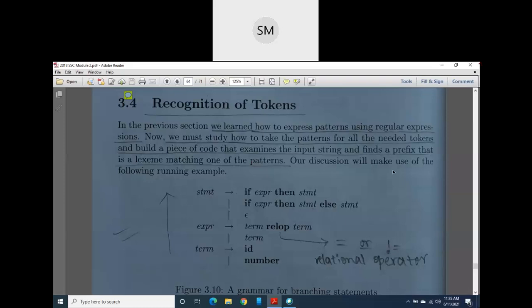Regular expressions and regular definitions you already understood. Now we are going to see how to select these patterns for our required tokens, for example how you select the pattern for an identifier, and for keywords. That we are going to see today.